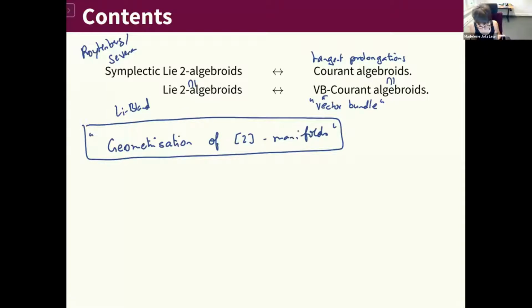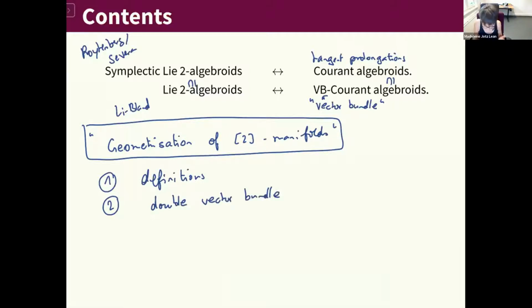And so the plan during the talk is to explain first a few definitions, so at least roughly what those objects all are. Then we'll talk about double vector bundles and this geometrization. Here I should note, double vector bundles are not two vector bundles.